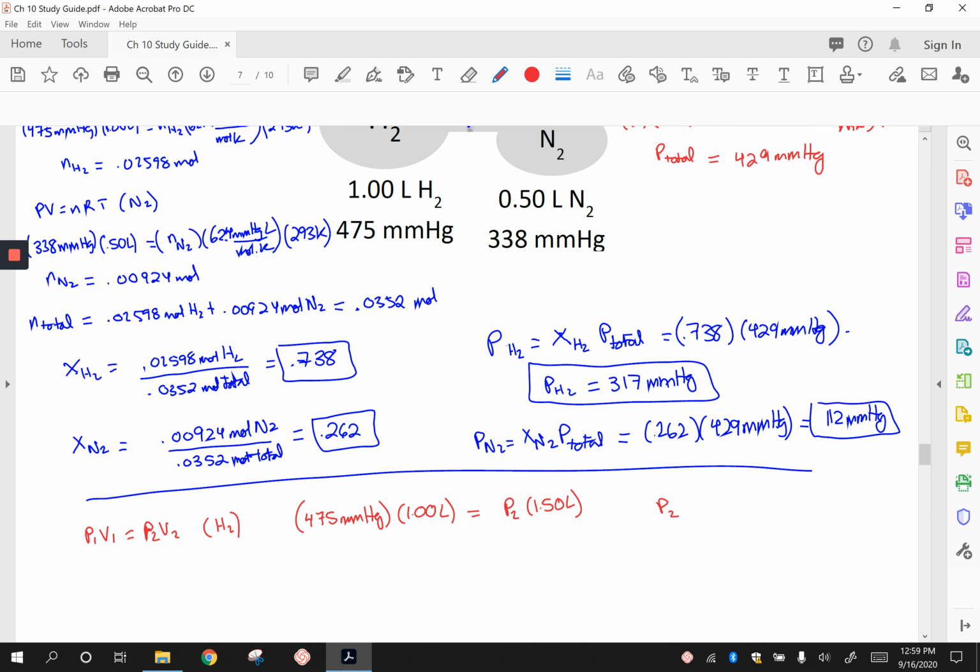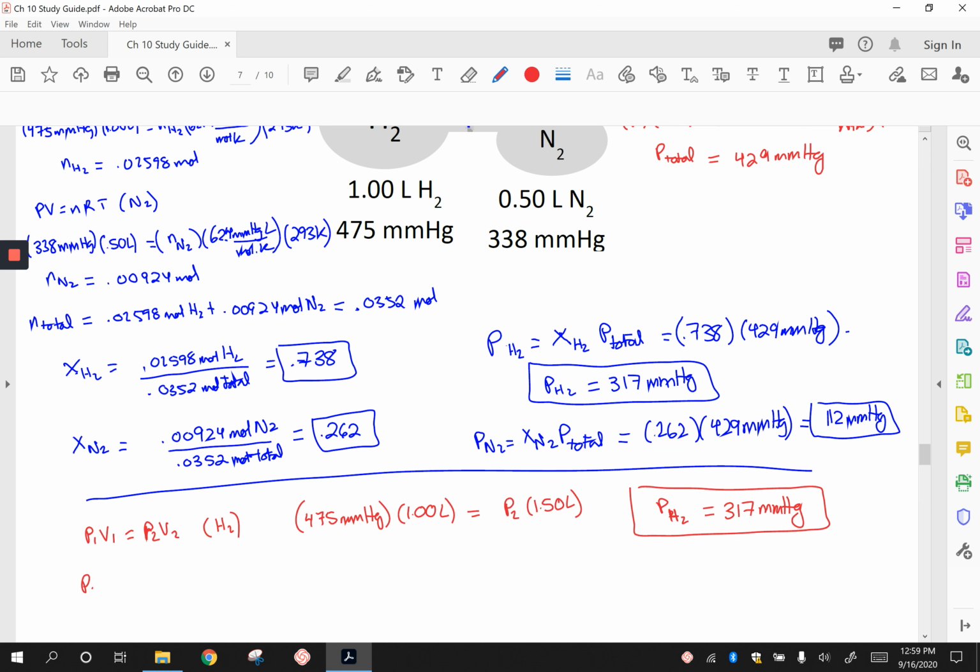And my partial pressure for the hydrogen is going to be, guess what, 317 millimeters of mercury, which is what we got here.